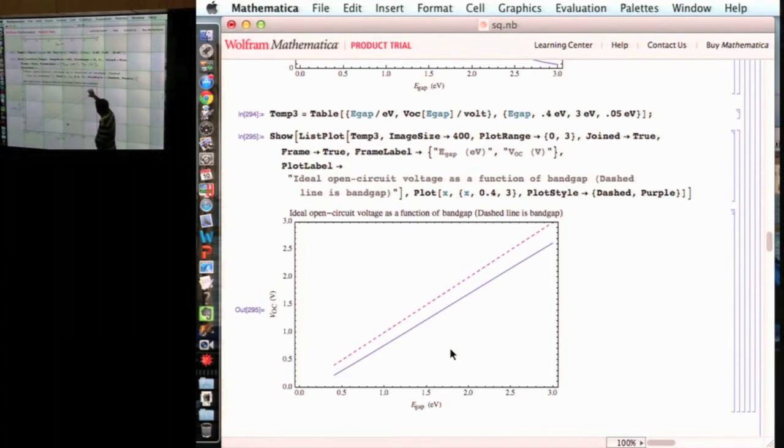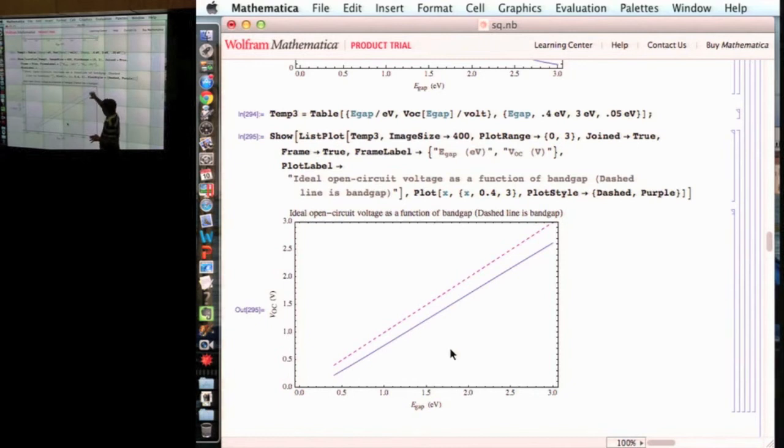You can see that the drop between the blue line and that dotted pink line is coming due to the recombination. This dotted pink line would be that ideal case where my cell is at 0 Kelvin, where there's no recombination. In that case, my VOC, or my open circuit voltage, is in fact equal to my band gap.